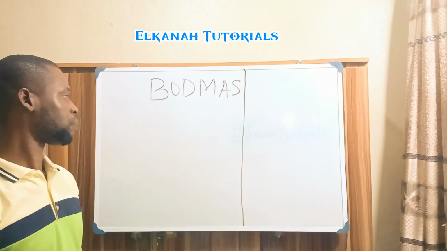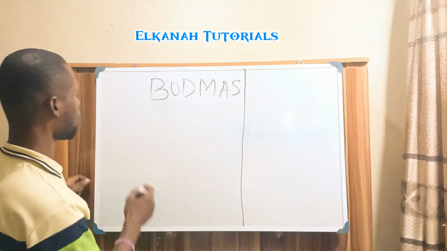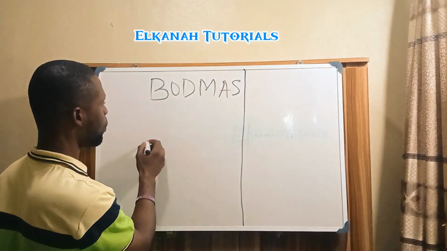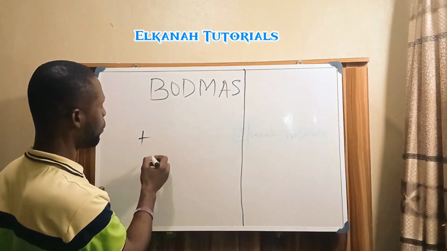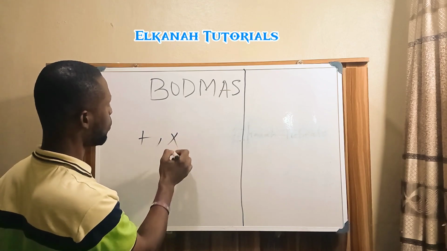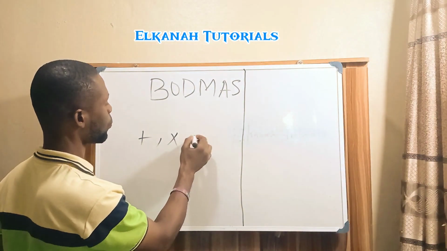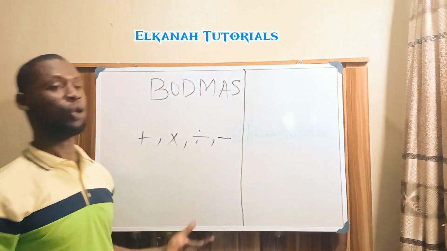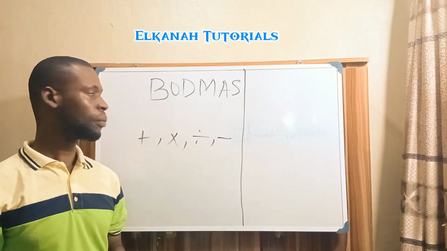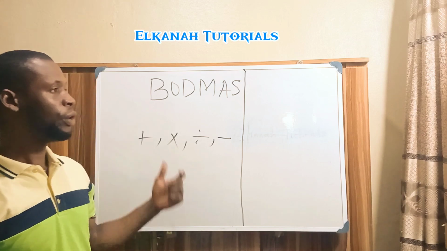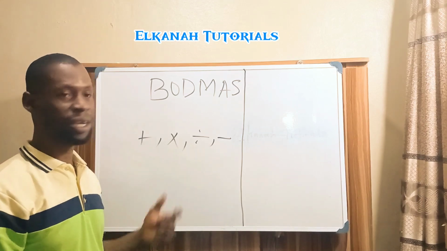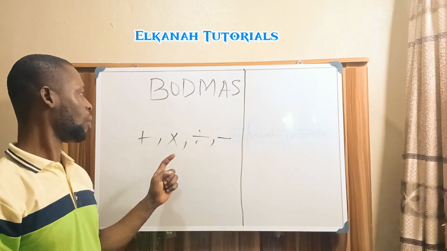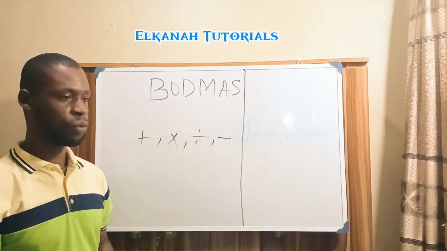Like, for example, if we have plus, multiplication, division, and subtraction in one particular problem, the only way we can solve that problem correctly is when we have an understanding of the Bodmas rule.